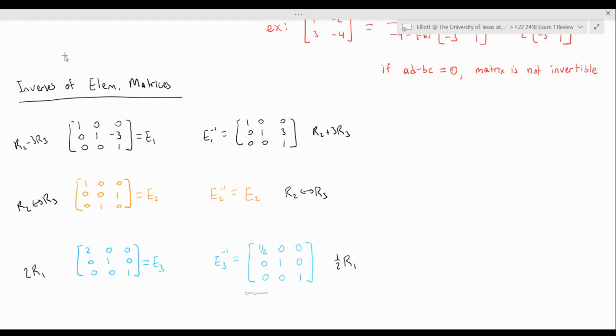And then this would be the elementary matrix corresponding to this row operation, okay? And so then this would be the inverse of E3. So it's pretty simple. For these elementary matrices where you have a single non-zero number off the diagonal, change the sign and that's the inverse. If the number is on the diagonal, you do the reciprocal rather than changing the sign. If it's a row swap, the inverse is itself, okay? All right.